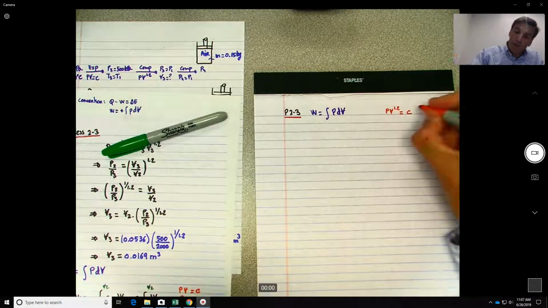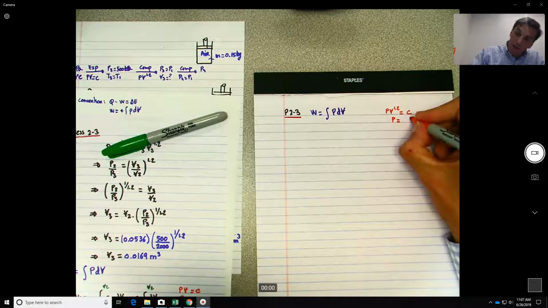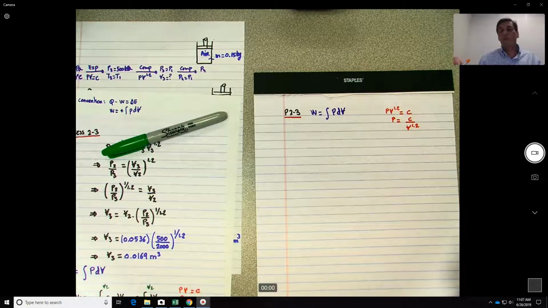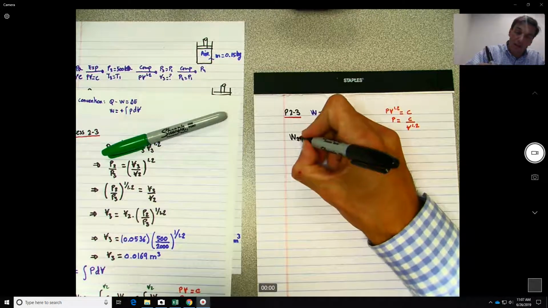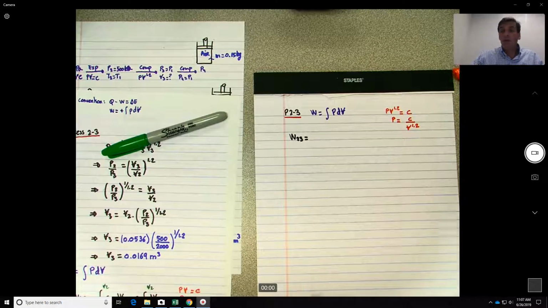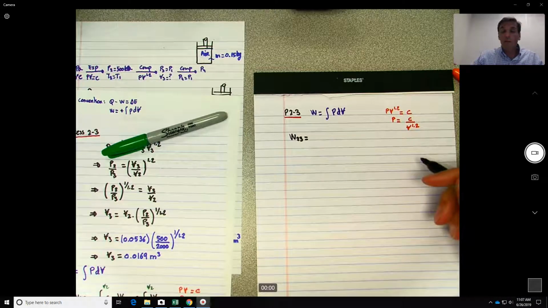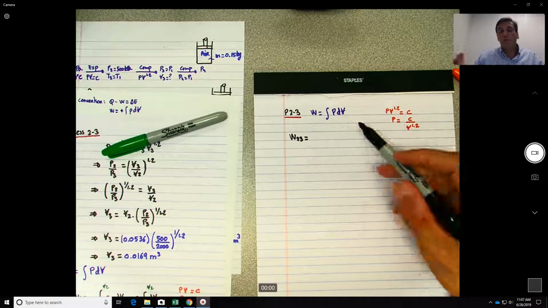So that will mean here that P equal to C over V^1.2. Okay, so again I'm going to do a derivation because I think it's important to understand how to do the derivations, but again, if you know the expression right away for the polytropic process for the work, you can use it.